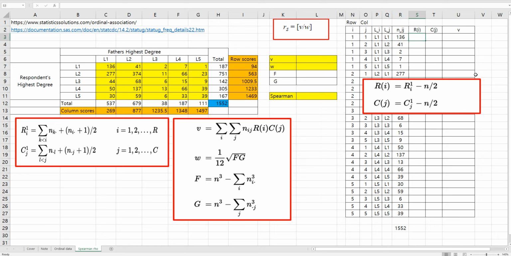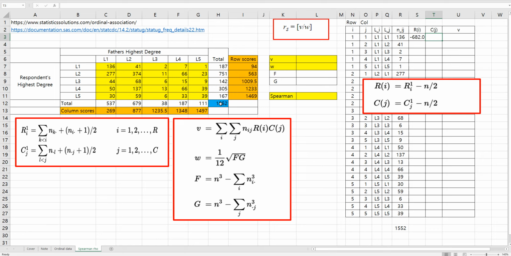Then Ri can be calculated by using this formula. So VLOOKUP, comma, fix, and comma, 8, comma, first, because row scores are from the 8th column, from the first column. Then minus total count, total sum, fix this one and divide by 2.